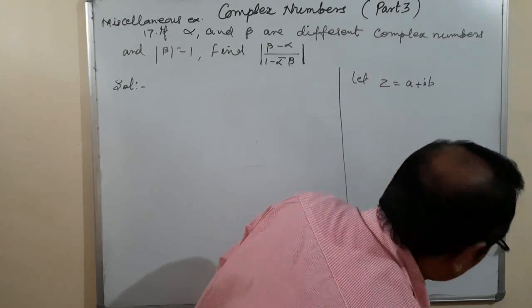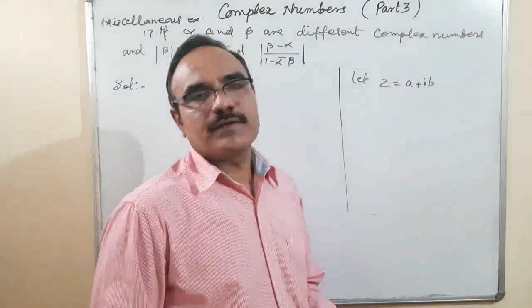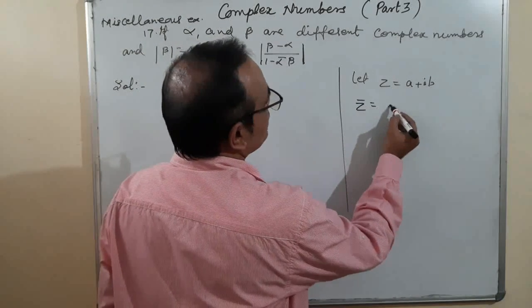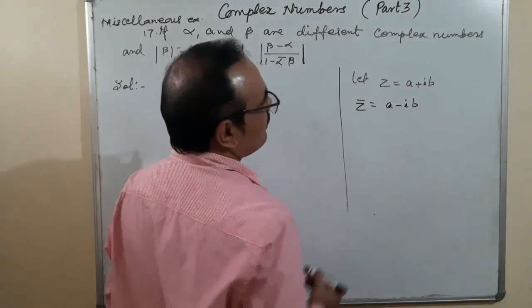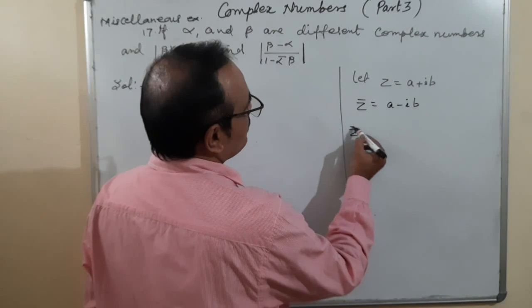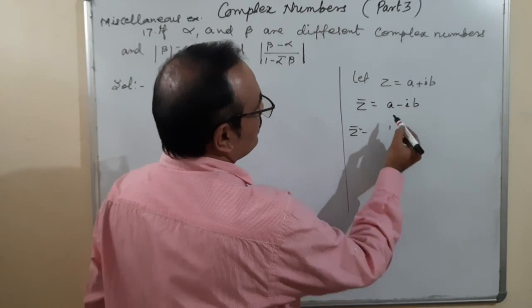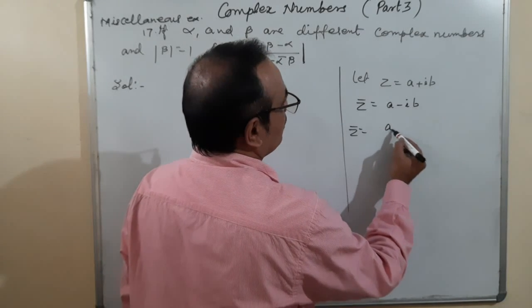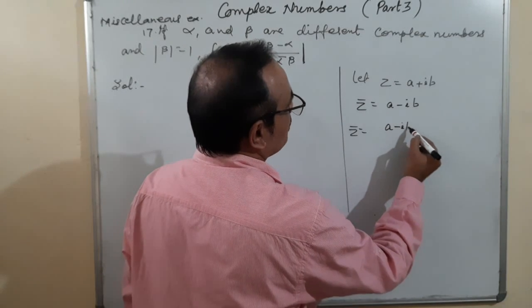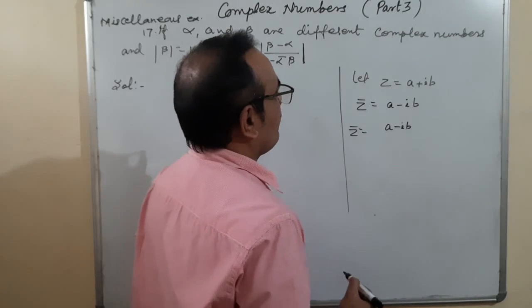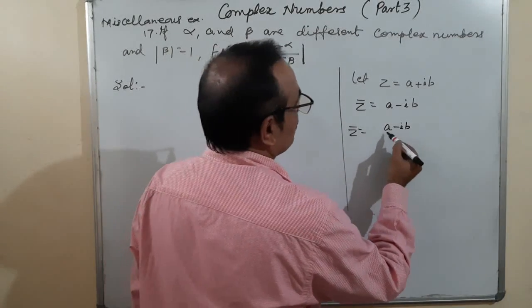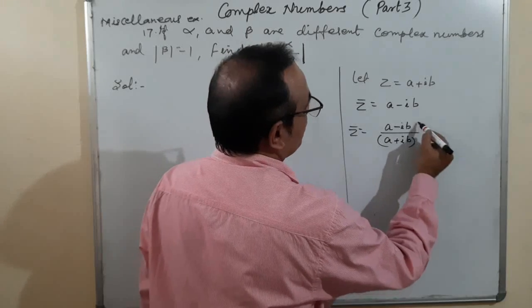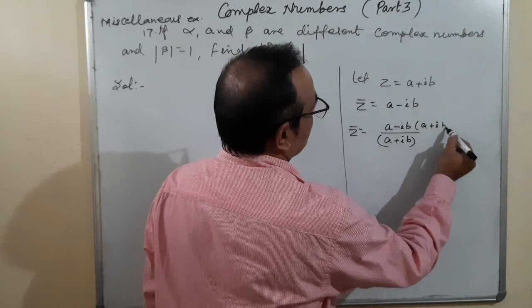And we are going to find its conjugate. Then what happens? Conjugate of z is equal to a − ib. We will divide and multiply by a + ib.